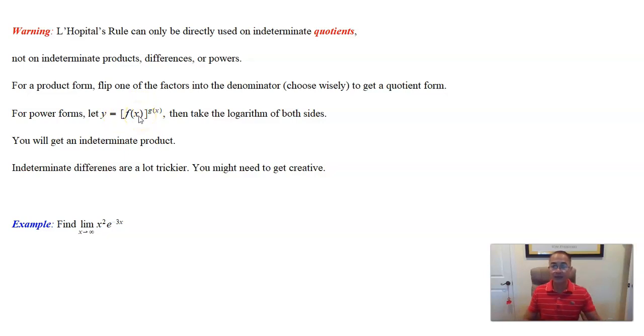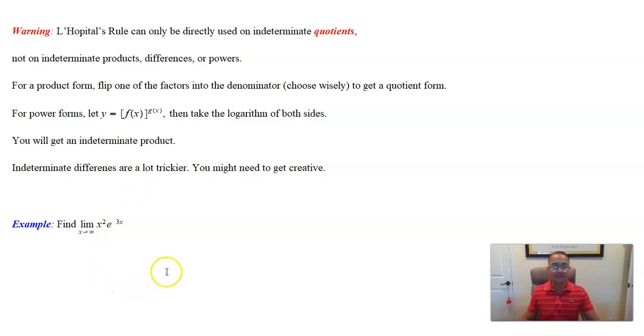Again, you want to make sure that f of x is positive, so if need be, there should be an absolute value. When that happens, you will get a product of the form 0 times infinity, one way or another, because ln of infinity is infinity, and ln of 0 from the right is negative infinity. So all 3 forms are going to give you a 0 times infinity once you take the ln.